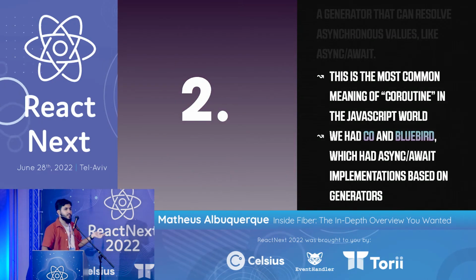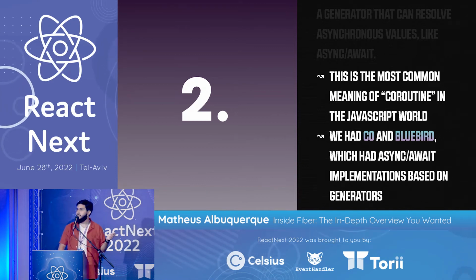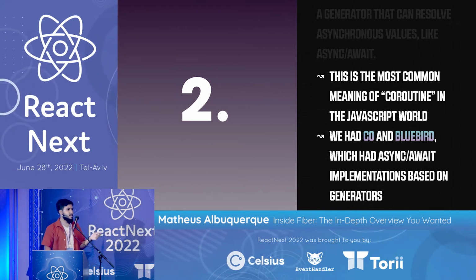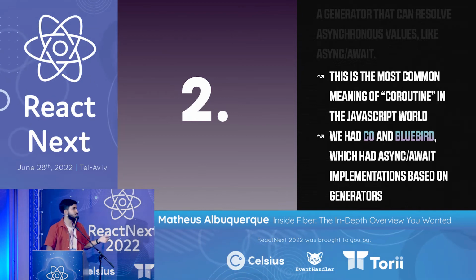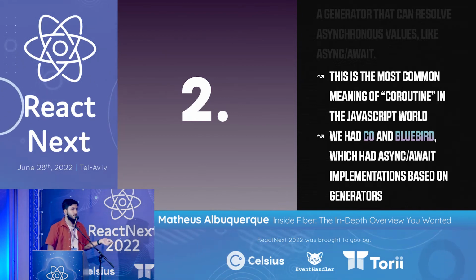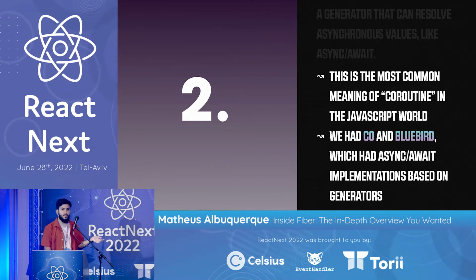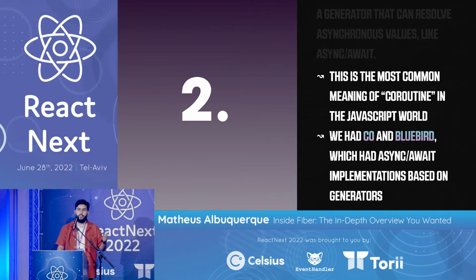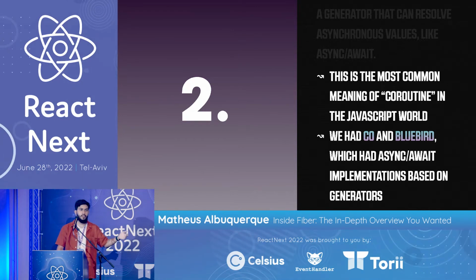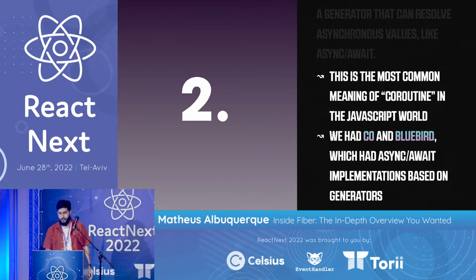And this definition is also really common in the JavaScript world, because when we had Bluebird, for example, or co, when we had those promise implementations, they were basically using generators. And even Babel under the hood, when it implements promise support, is also doing generators magic.